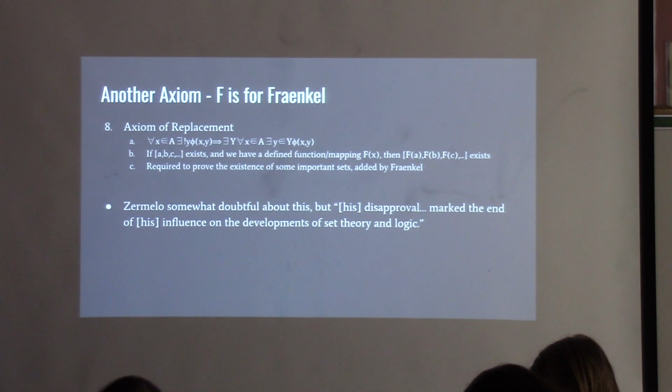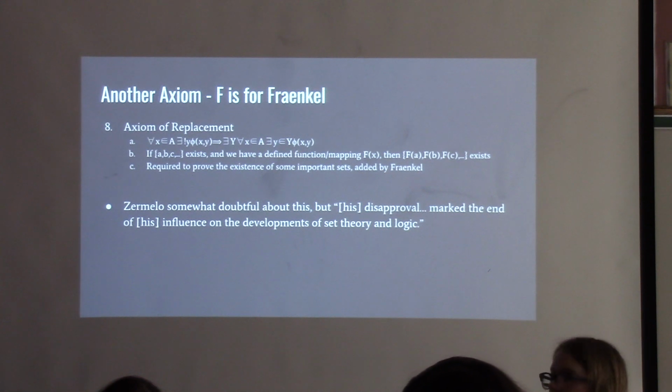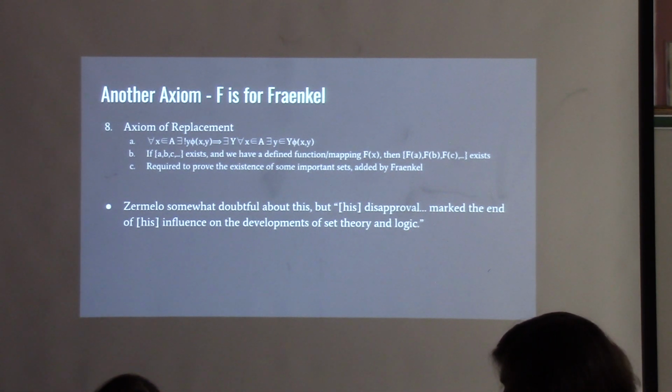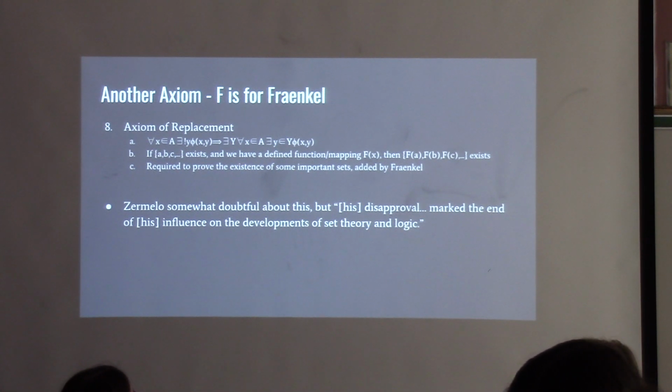And so Fraenkel adds in some very difficult to understand axioms, which we're going to skip through quickly, such as the axiom of replacement. I've spent hours of my life trying to understand this axiom. It's really hard. It basically, very roughly speaking, says that if you can define a function, and if you have a set, then you have the set of images of that function. But the details are more complicated.